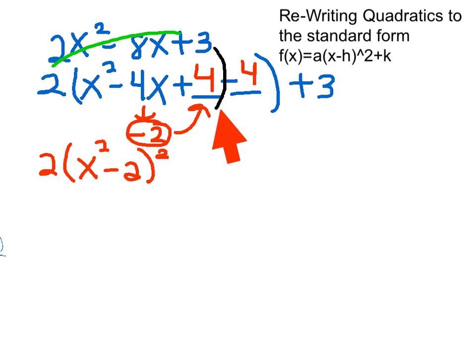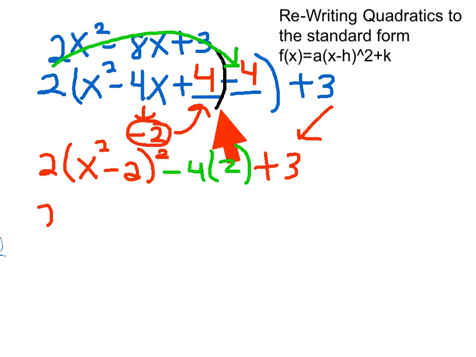This 2 really was included in that original grouping with that negative 4. So when I bumped that negative 4 to the outside, that 2 that was distributing to the whole inside stays with that. Then at this point, I have to put that plus 3. I can't forget about that, because that's just coming down from what we had up here.